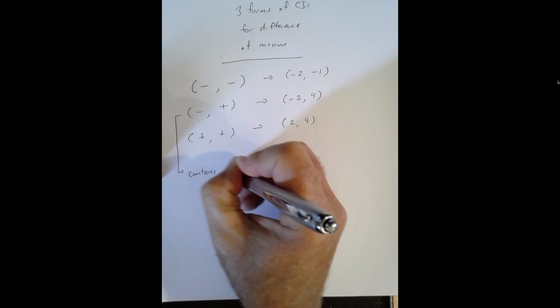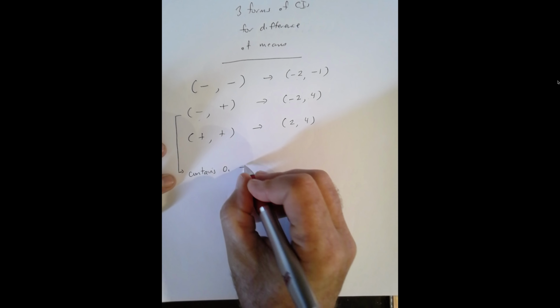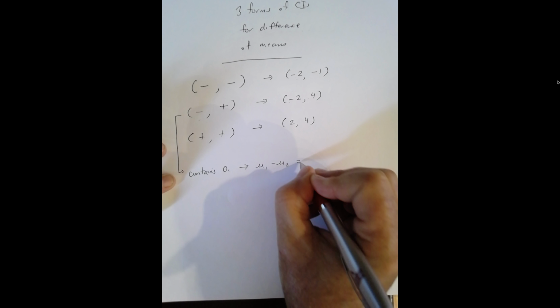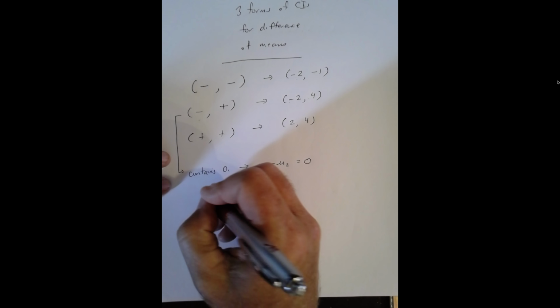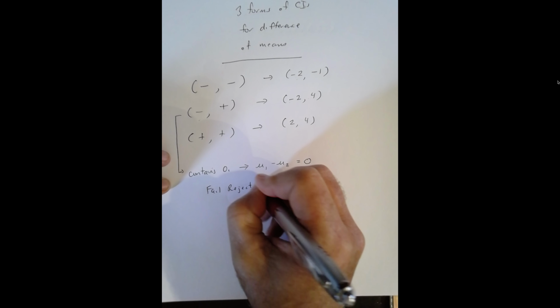Now, notice this one. This one contains 0. If the interval contains 0, we conclude that the difference in the means is equal to 0. This will always lead us to fail to reject the null hypothesis.